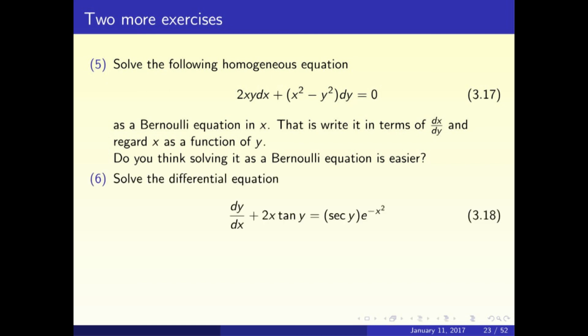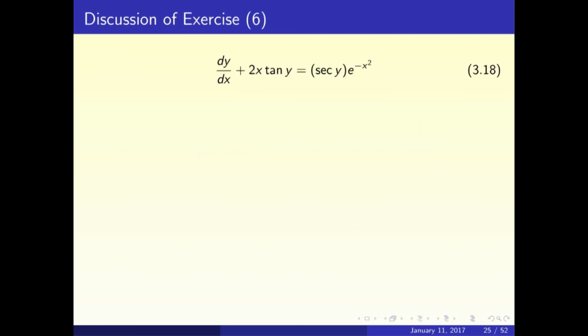Solve the differential equation dy by dx plus 2x tan y equal to secant y into e to the power minus x squared. Oh, this looks a little scary, is it? It is. But observe that if you multiply by cos y, something happens.